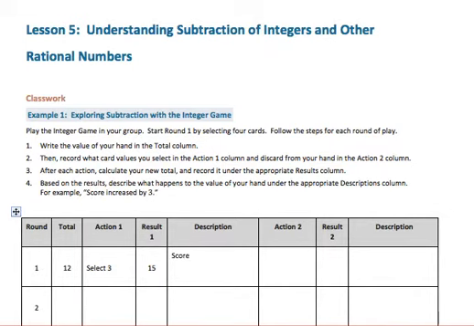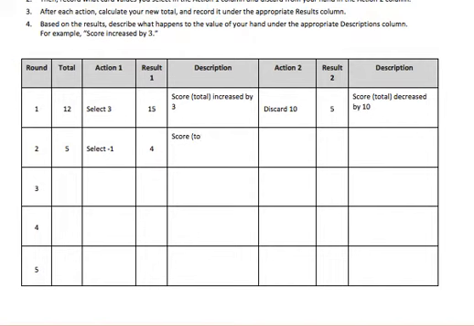Then going to round 2, we start with 5. That's what we had at the end of round 1. And suppose we selected a -1. That would mean the result of that play would give us a 4. And our description is that our score, or our total, decreased by 1.